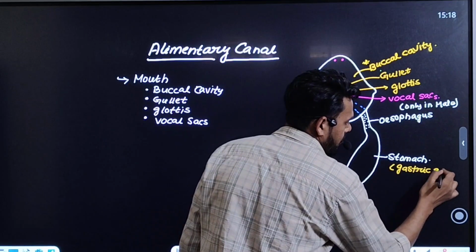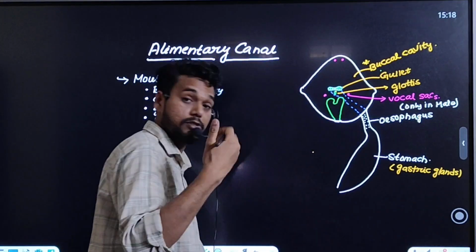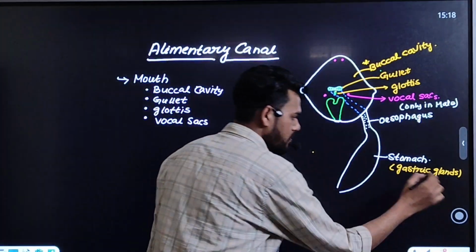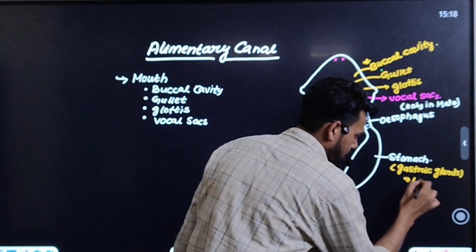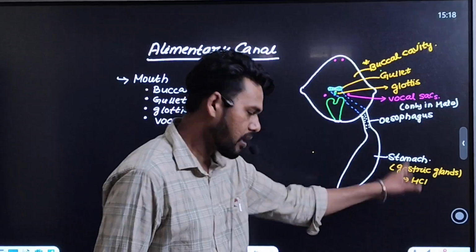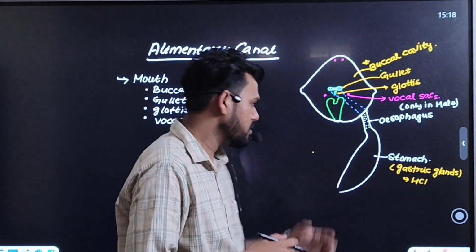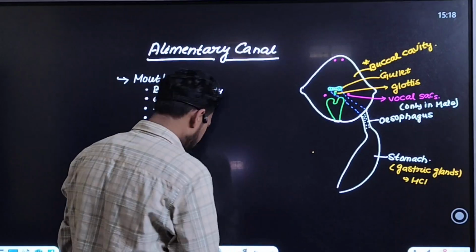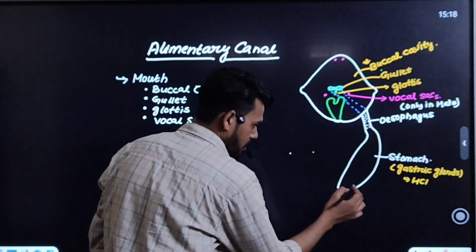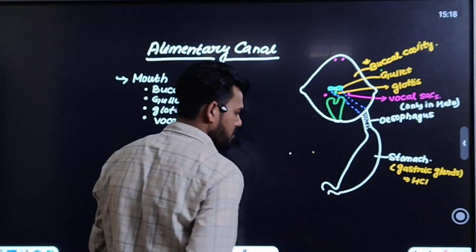These glands release various types of gastric juices, and one of the important part is HCl. It is one of the most important gastric juice, hydrochloric acid, which helps in partial digestion of food. This stomach ends with this type of structure.